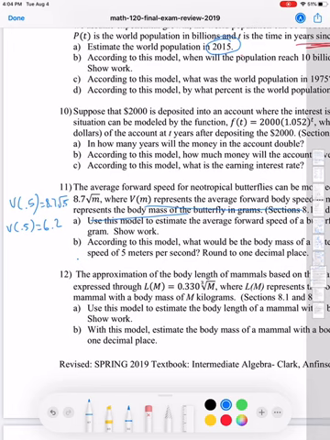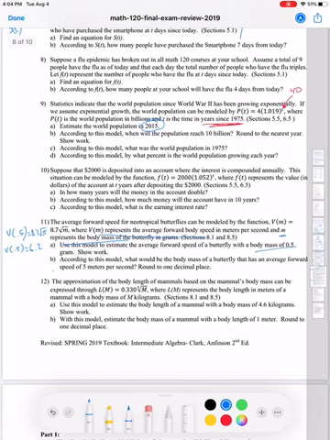So that means V of M, right? The average velocity for a butterfly is 6.2 meters per second if the butterfly weighs 0.5 grams. Is that the units? Body mass in grams, yeah.